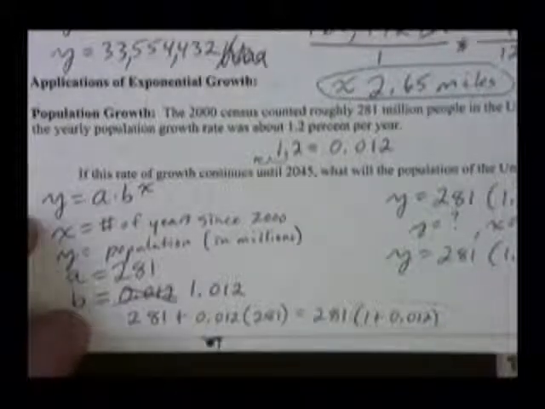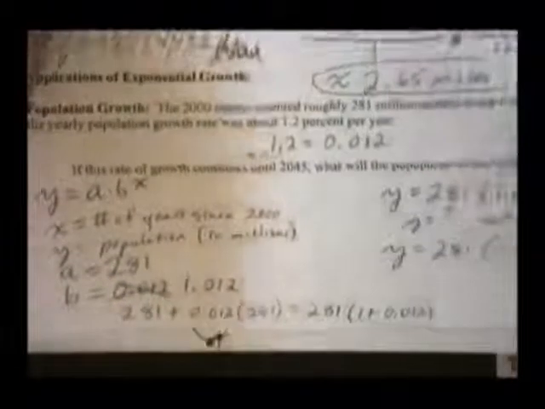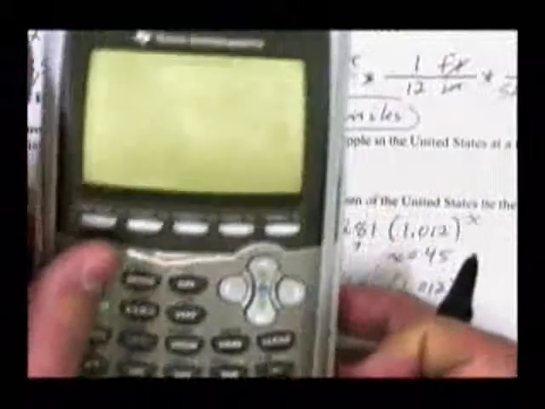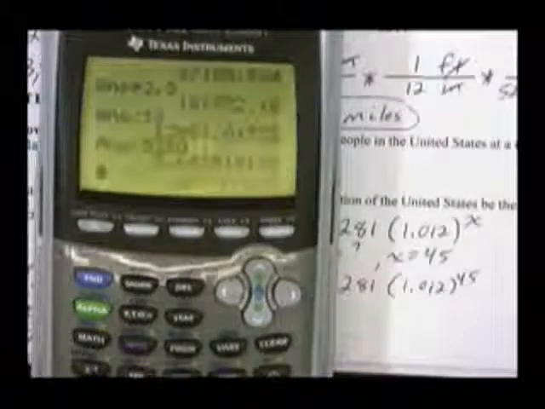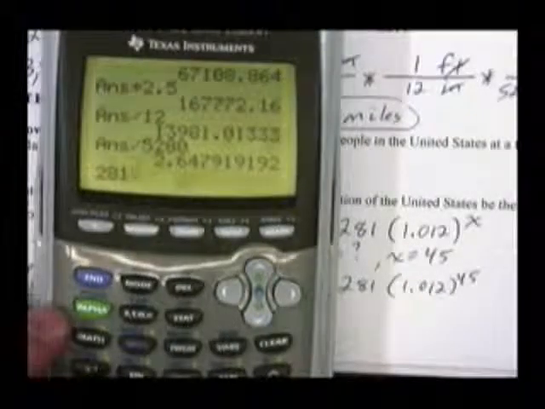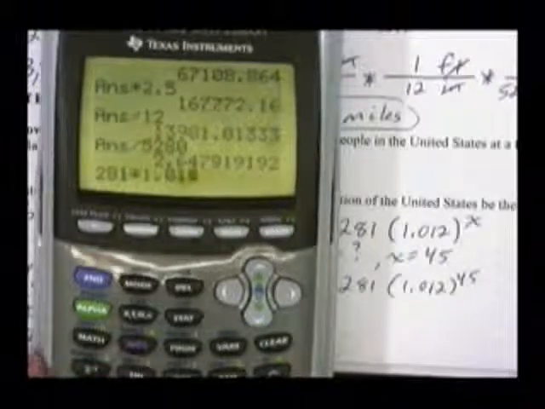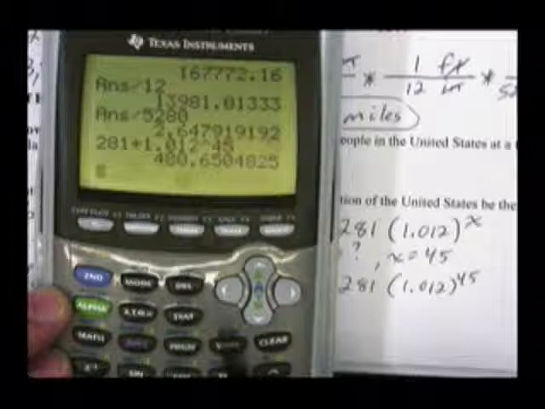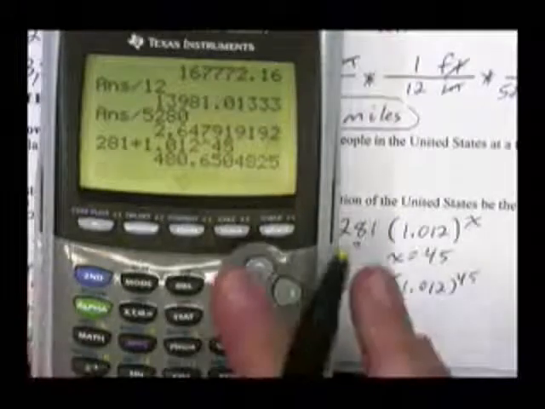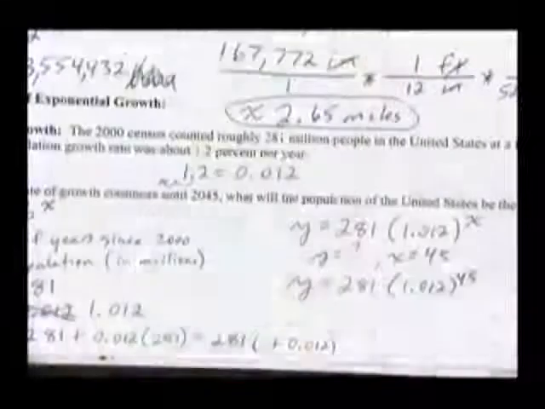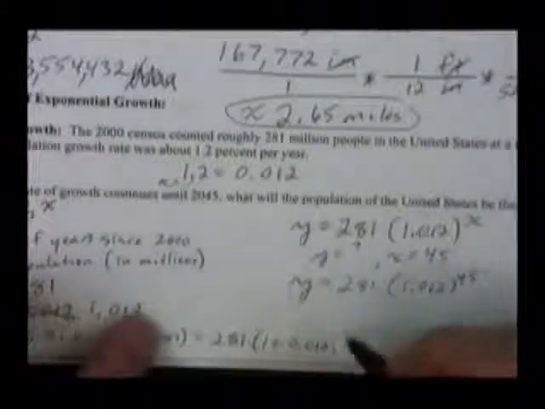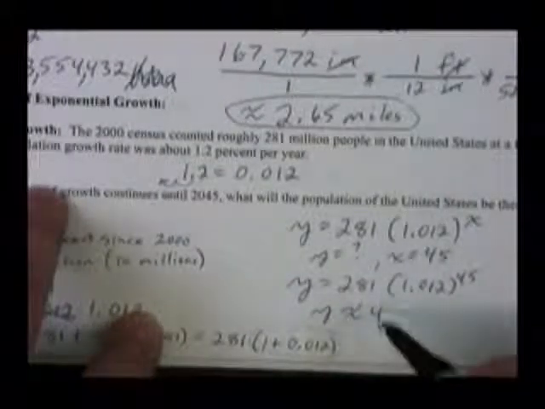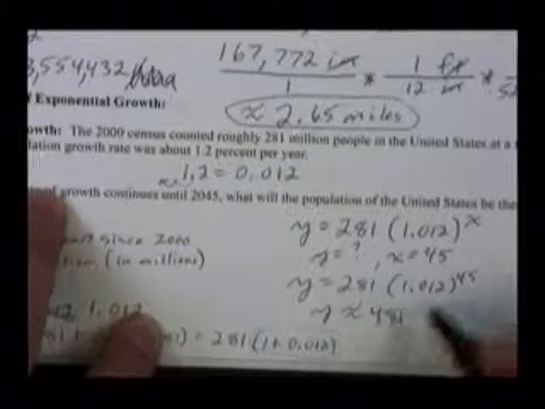I'm going to do that on my calculator. So I've got 281 times 1.012 raised to the 45. And that gives me, I'm going to round that off, about 480, or 481 if I round it off correctly.